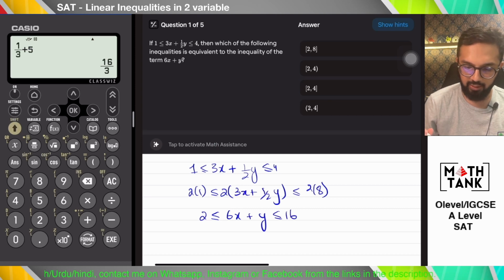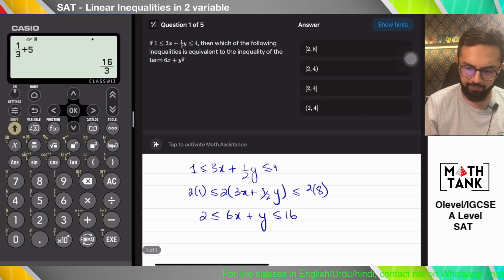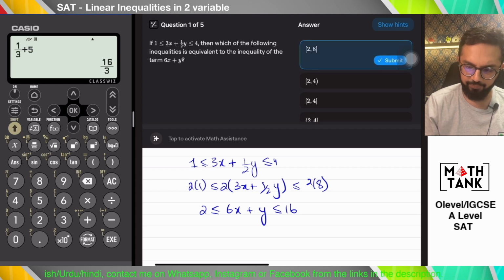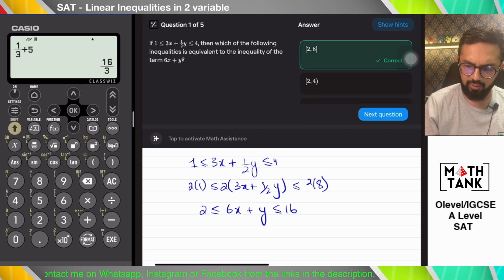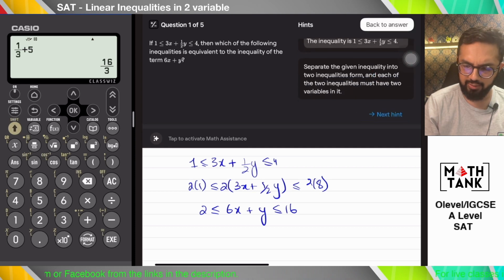So between 2 and 16 is equivalent. Which of the following is equivalent to the inequality of the term 6x plus y? I don't know why this is still appearing as 8, although I should take, yep, I'm not sure what the other reasoning should be. Why hasn't the other side multiplied?